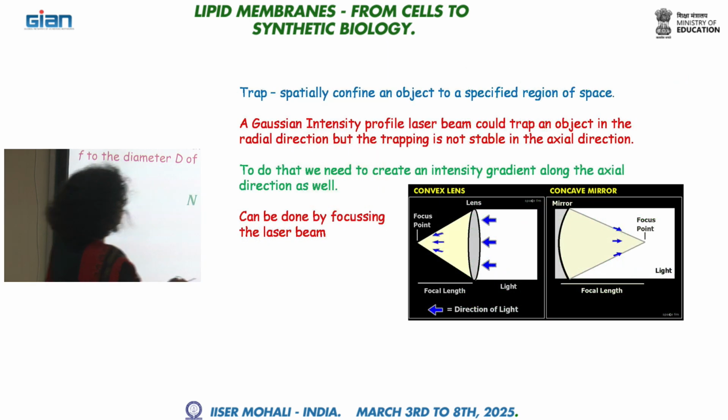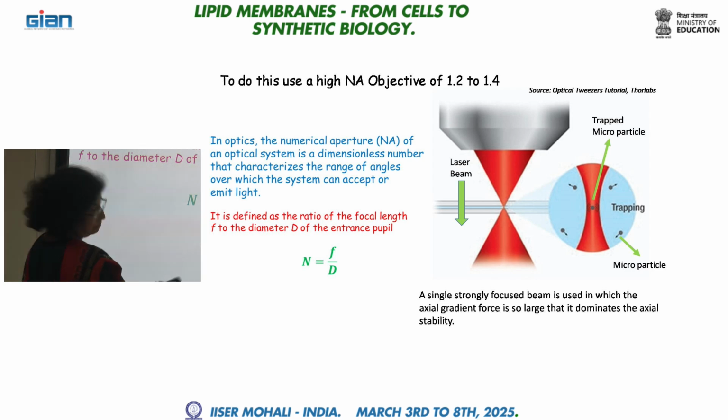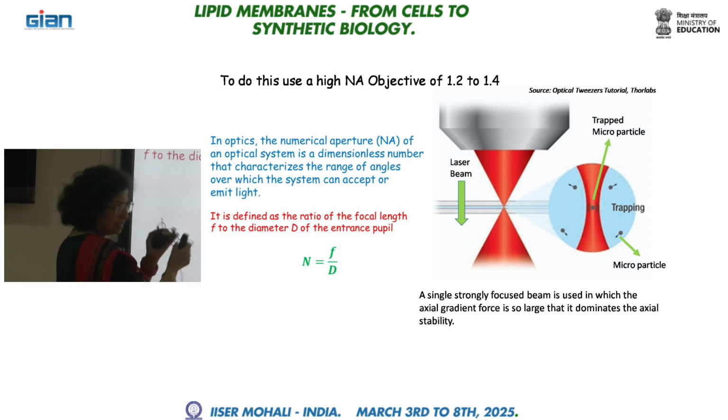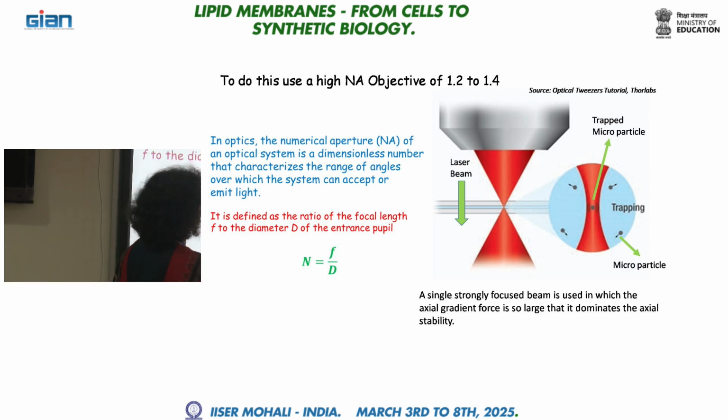And to do this, what do you use? You use an objective or a lens system which has a high numerical aperture. What's a numerical aperture? It's nothing but the ratio between the focal length, the distance over which the light focuses, and the diameter of the aperture which is collecting the light.